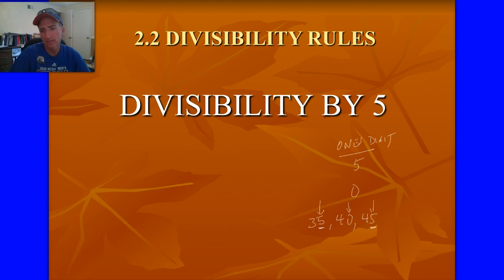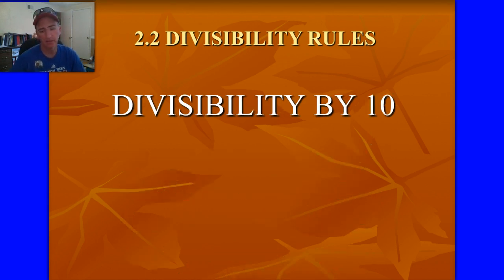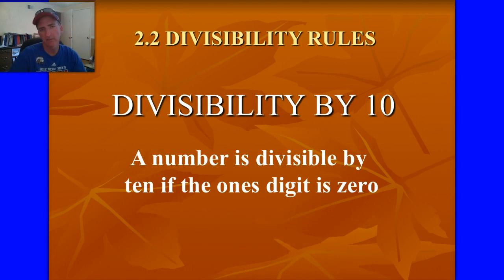Notice the ones digit is always a 5 or a 0. That's one that most people know. And then the last one, if the ones digit is a 0, it's divisible by 10. And again, that's one that most people usually know. 60, divisible by 10. 70, divisible by 10. 80, divisible by 10. All right, those are divisibility rules.